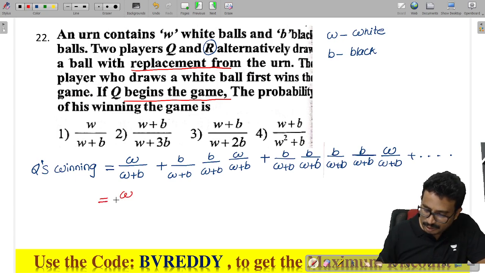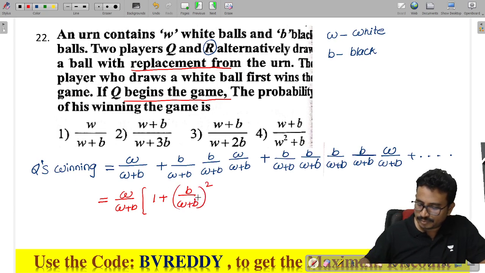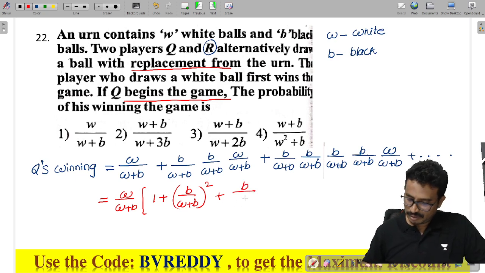So then W by W plus B we have taken common, that is 1 plus B by W plus B whole square plus B by W plus B whole power 4. Like this it will continue.